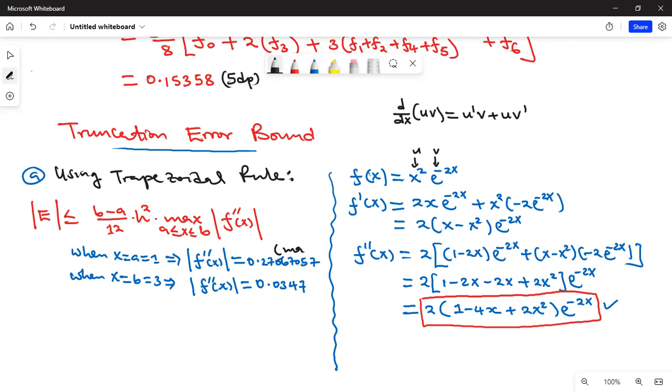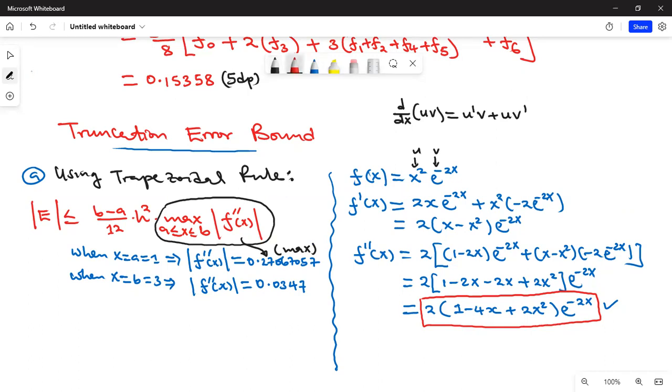This is the maximum. So it means where we have the whole of this value, instead of this, we are going to replace it by 0.2706, 7057.